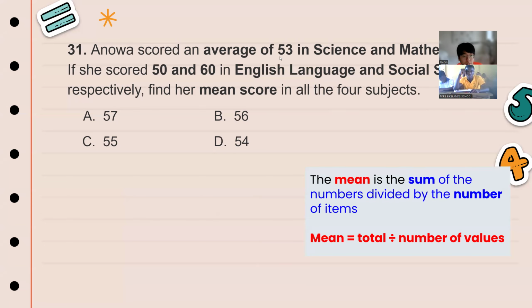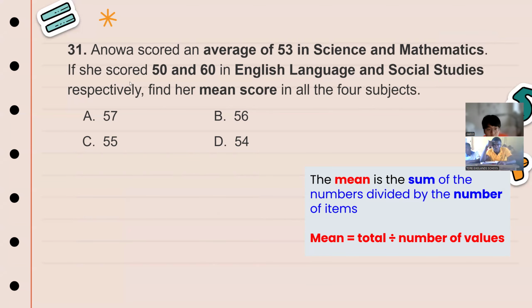Question 31. Anoa scored an average of 53 in science and mathematics. If she scored 50 and 60 in English language and social studies, respectively, find her mean score in all the four subjects.